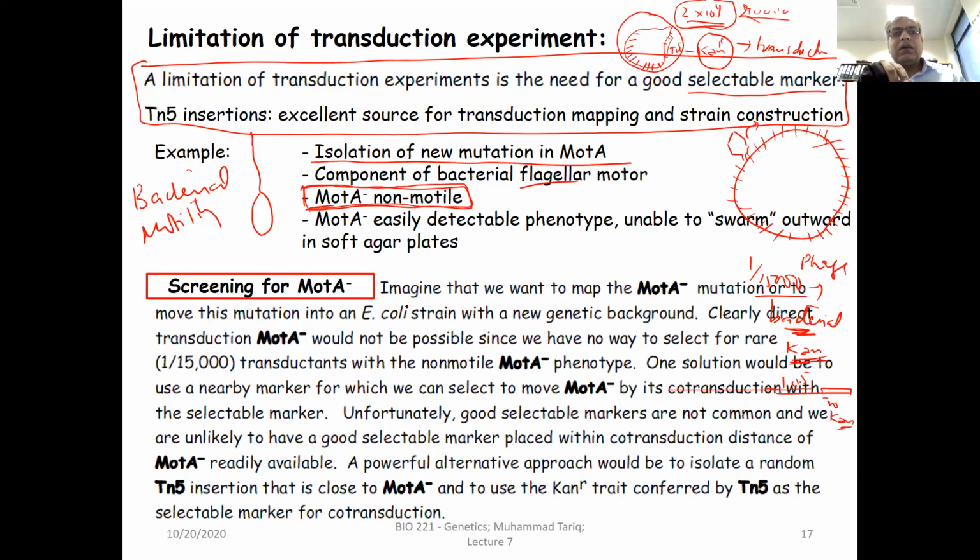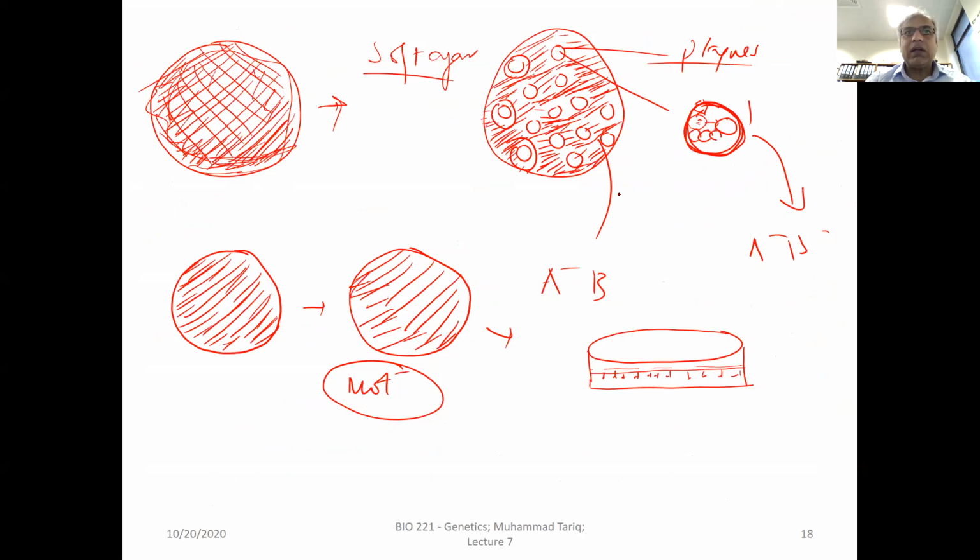So they use this TN5 population, phage DNA, which by mistake took away this bacterial genome, which we calculated 1 in 15,000. And then they said, instead of screening for what we said here, we screen for the mobility of our mutants, new mutants.